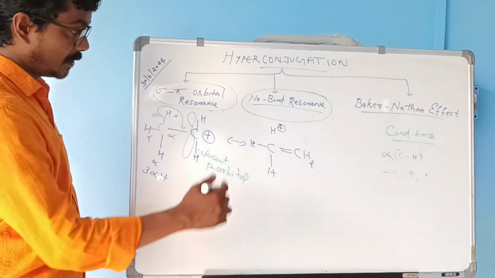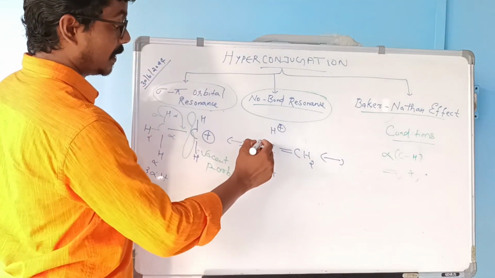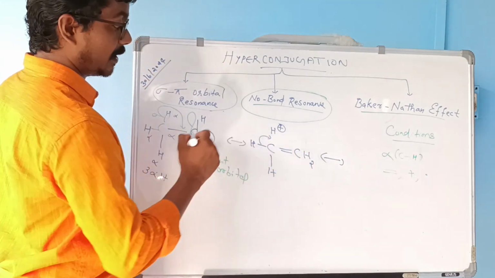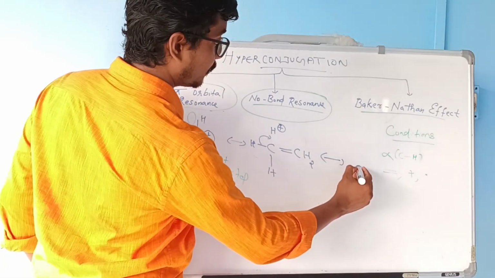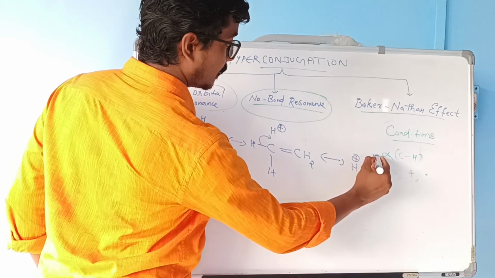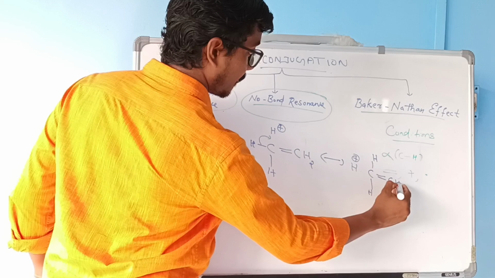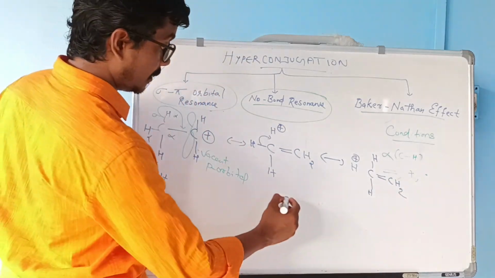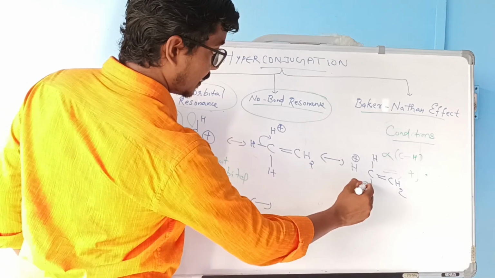right. It's not completed. It again moves. This sigma electron will move towards here, and as a result of that, right? Again, what is going to happen? This will come here.